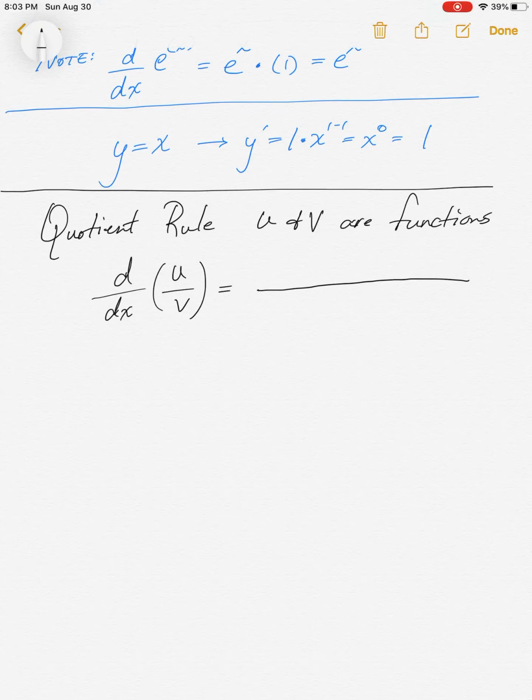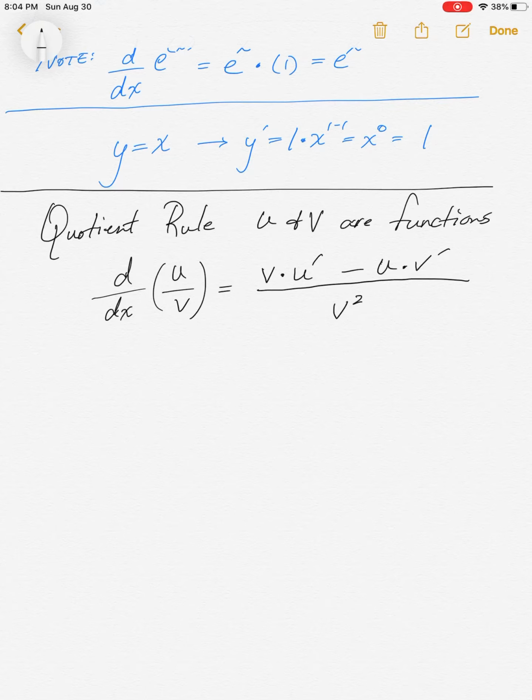Starting with the bottom times the derivative of the top minus the top times the derivative of the bottom, all over bottom squared. Double bottom and bottom squared ain't the same thing, so don't confuse that. So you have low d high, meaning the bottom times the derivative of the top minus the top times the derivative of the bottom, all over the bottom squared.